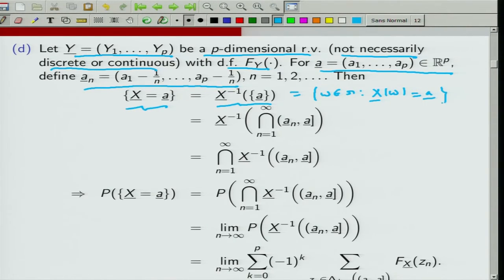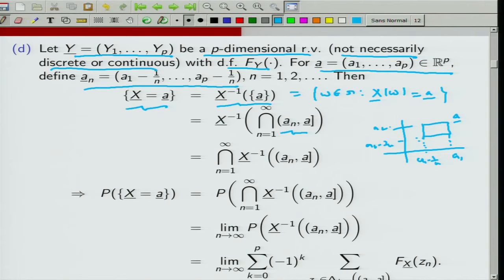Now, this point a can be approximated through the intersection of these rectangles. So, I am taking their intersection. Let us look at 2 dimensions. This may be a, this is a1 minus 1/n, this is a1, this is a2 minus 1/n and a2.